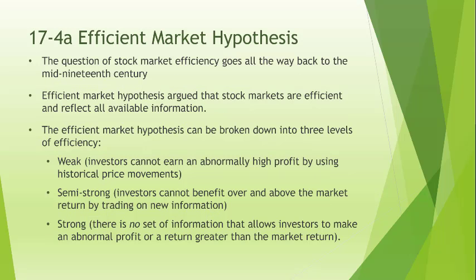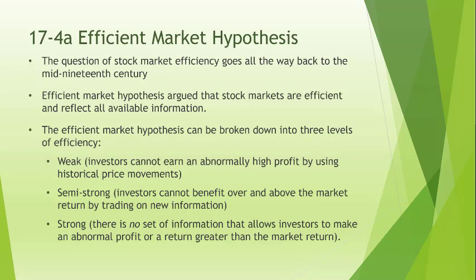Okay, so to end this chapter, we really talk about two theoretical approaches to looking at stock markets. The first is the efficient market hypothesis. This goes back all the way to the mid-19th century, the mid-1800s. The efficient market hypothesis argued that the stock markets are efficient and reflect all available information.